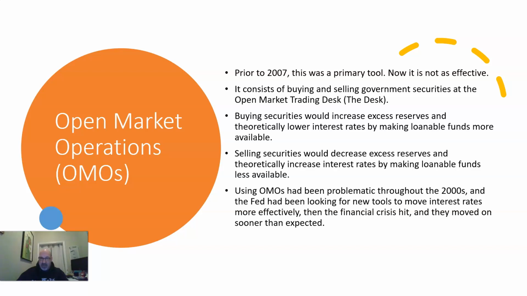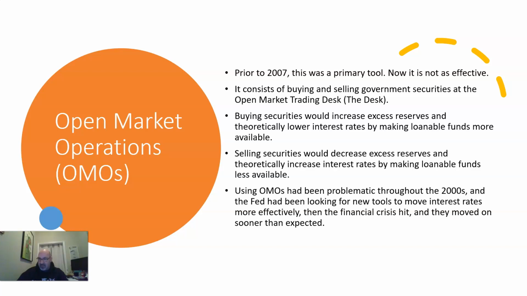The Fed had actually been looking for new ways to move the interest rates more effectively. Then in '07, the financial crisis hits. And they were like, okay, perfect opportunity to test new ways and just find new ways to do this. And so they did. And repos were the new thing.